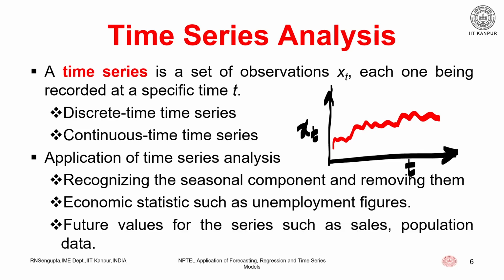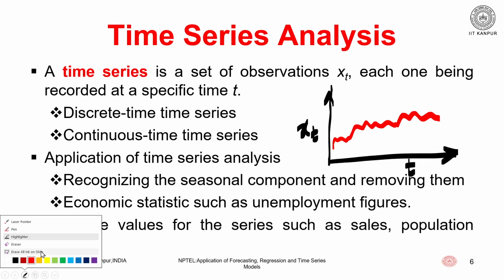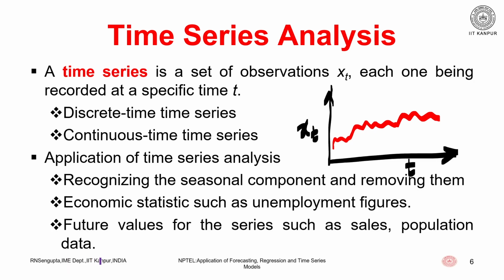Now, in the diagram I have drawn here, there is continuity and there is no gap in the time series which you are measuring. So, it will be considered, in a very simplistic sense, as continuous time series data. Let me use a different color, the purple one.